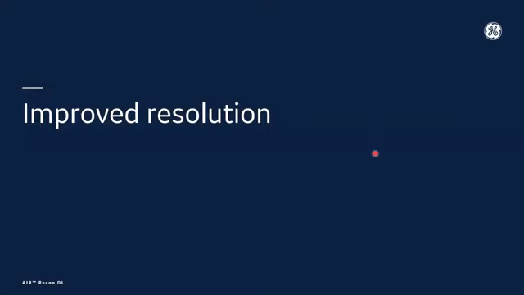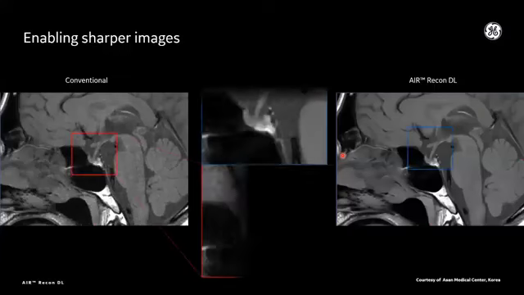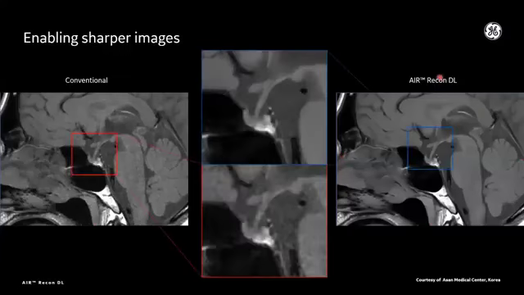That's, of course, as I had mentioned, one of the quantities that AIR Recon DL delivers directly in the algorithm. You've seen images that perhaps look something like this, showing how AIR Recon DL can deliver sharper images. The conventional image is usually the one outlined in red, and the AIR Recon DL outlined in blue.